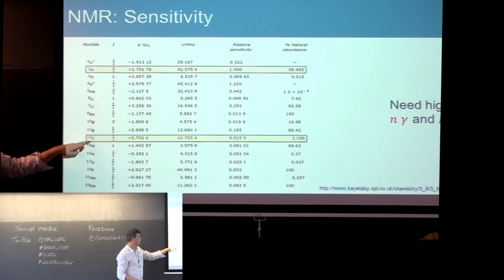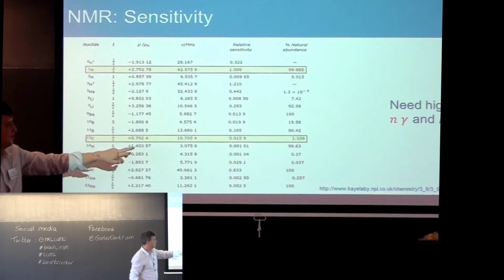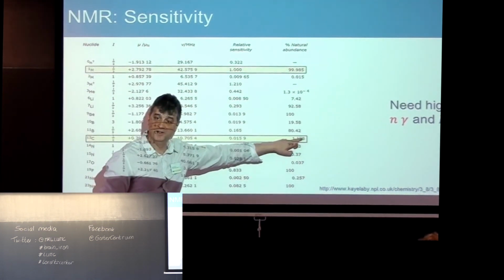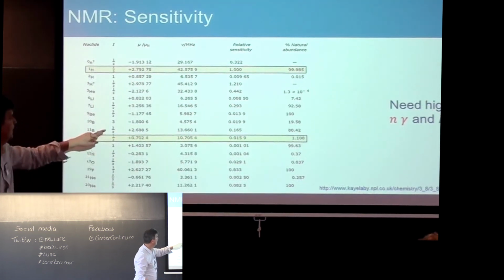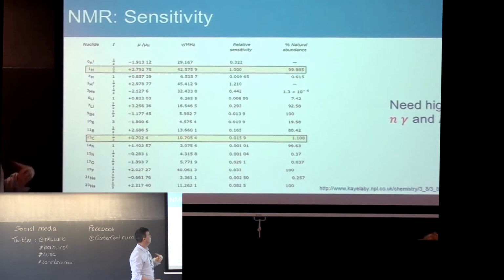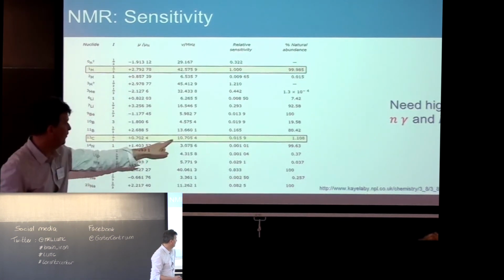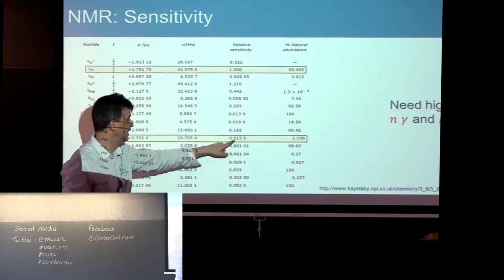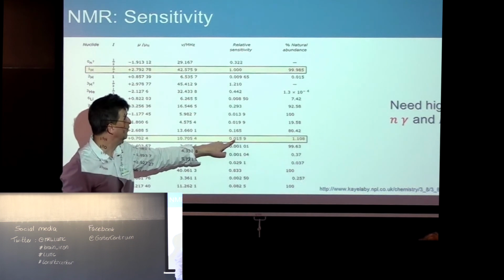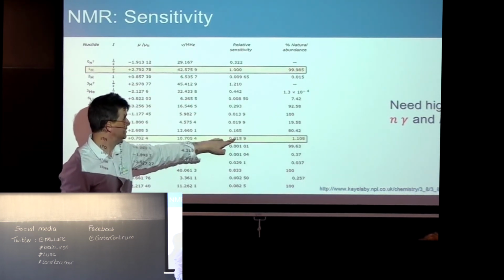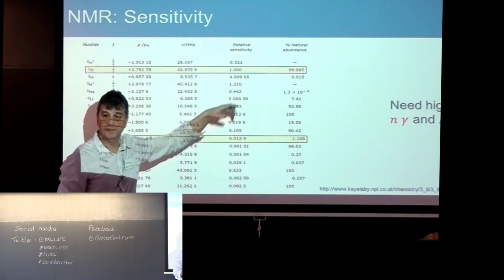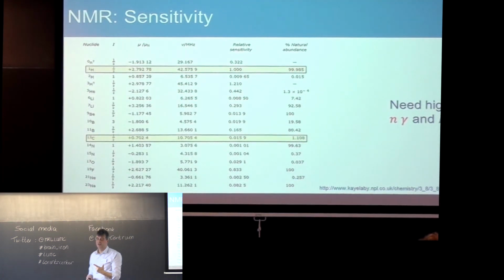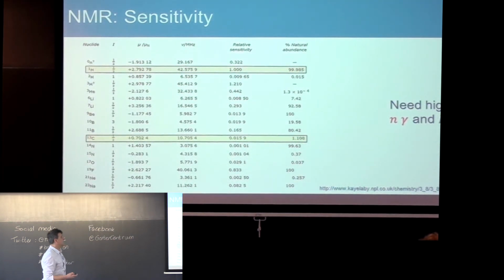If you compare it with something like carbon-13, that is only 1% abundant naturally, and it has a value of gamma which is about 4 times less than that of the proton, and that means its frequency is about 4 times less, and its sensitivity is about 1/100th of the sensitivity of the hydrogen nucleus because of the reduced gamma and the reduced natural abundance.